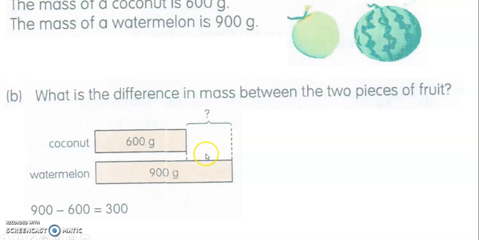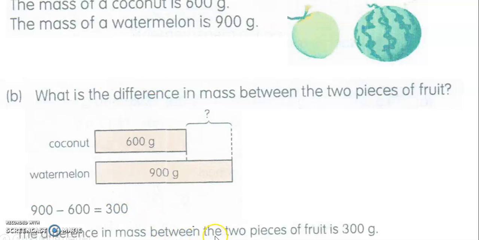To know the difference, I want to subtract the mass of the coconut from the mass of the watermelon. So 900 grams minus 600 grams equals 300 grams. So the difference in mass between the two pieces of fruit is 300 grams.